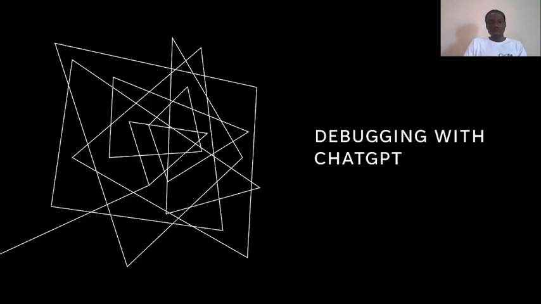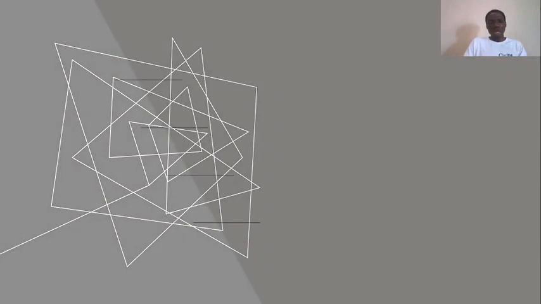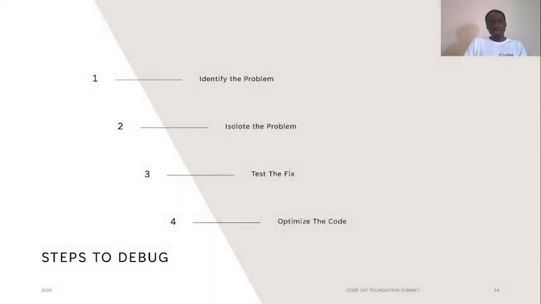So let's get to the process of actually using ChatGPT to debug our code. How do we use it? Yes, it starts with identifying the problem. Normally when you have your code written down, it gives you some errors, some bugs. Of course, you might know what is wrong if you're experienced, and at times you might not even know what's wrong, and that is why ChatGPT comes to help.